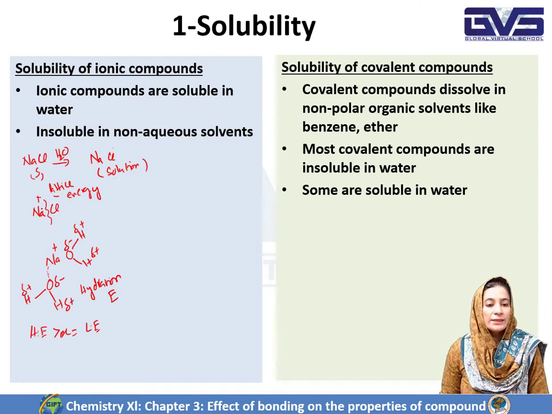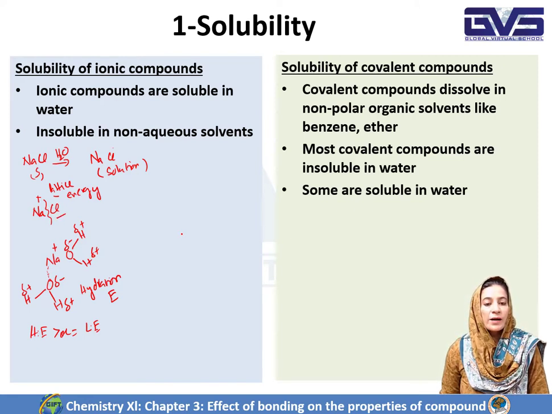Why? Because the energy required to overcome lattice energy is compensated when a bond is formed between a dipole, in this case water, and an ion. So when the hydration energy is higher, that will be used to break the lattice, to separate the sodium and chloride ions. Then there is the process of solubilization. In case hydration energy is lower as compared to lattice energy, then there will be no solubility of the ionic compound.